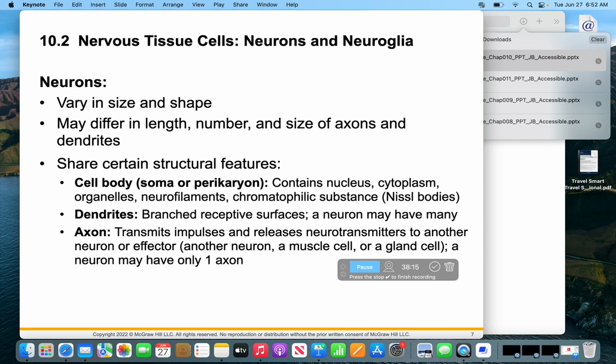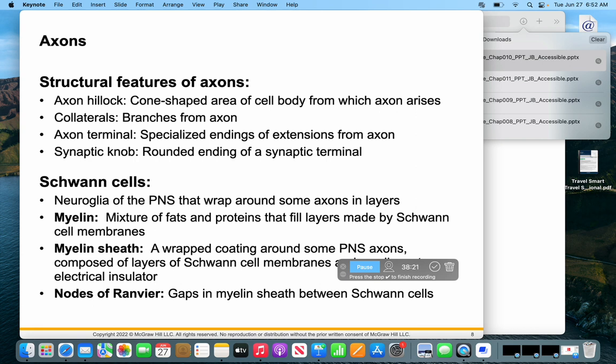We said that the main structures of a neuron are the cell body, or the soma, the dendrites, and the axon. And we said that the axon hillock is where the cell body rises to the axon, and then at the end of the axon is the axon terminal, where you're going to find the synaptic knob and those neurotransmitters.